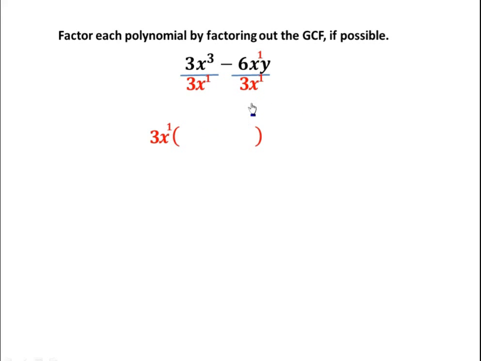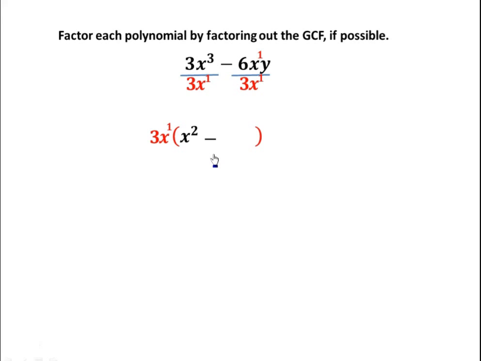So when we simplify each one of these, we're going to use our quotient rule for exponents. Here we just reduce 3 over 3, this will just cancel. We have x to the third over x to the first. Using our quotient rule, we subtract 1 power from this 3, which leaves us with x to the second power.